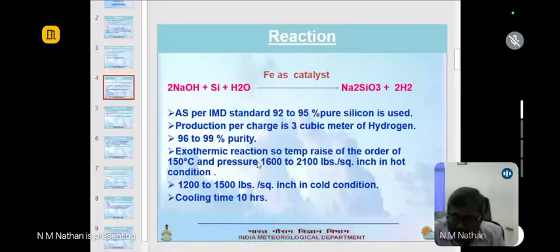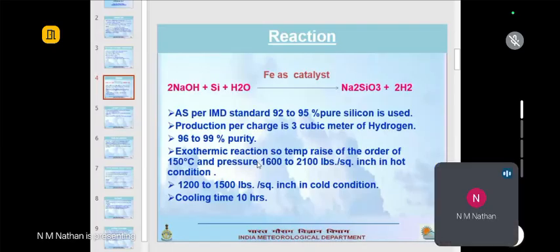Then you have to wait at least 12 to 24 hours, during which it will slowly cool itself. If even after 24 hours you feel it is very hot, then you have to pour water over the cylinder to cool it down. Then only the cooled gas should be filled into your balloon. Otherwise, if you use hot gas, your balloon will burst.